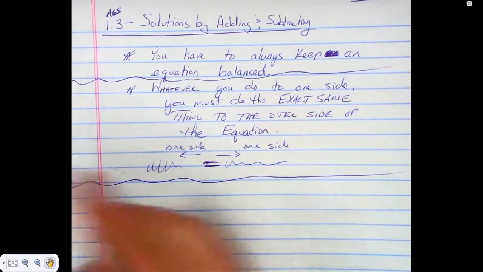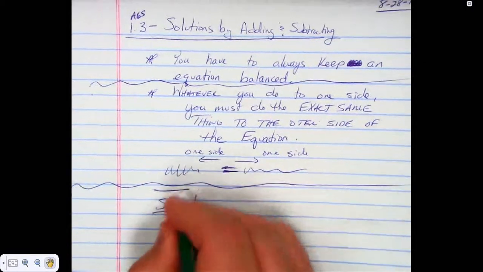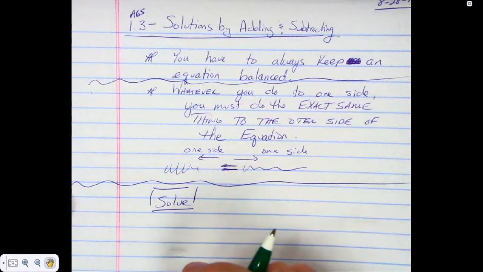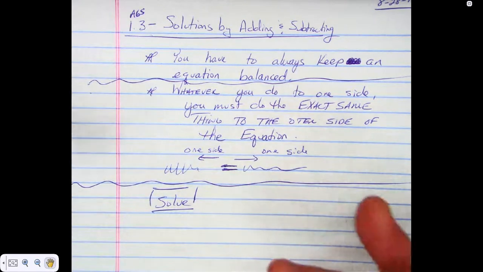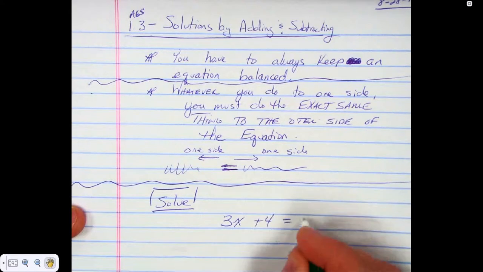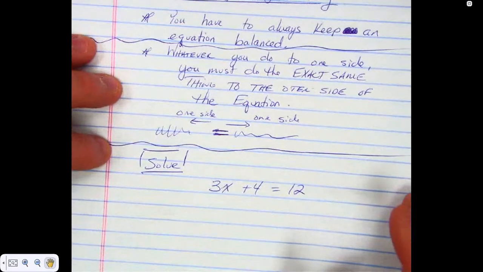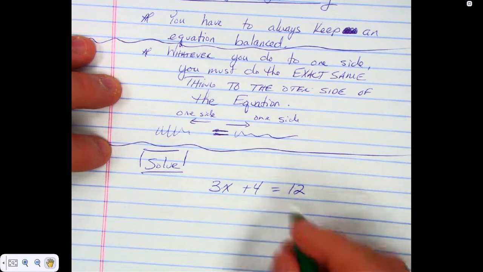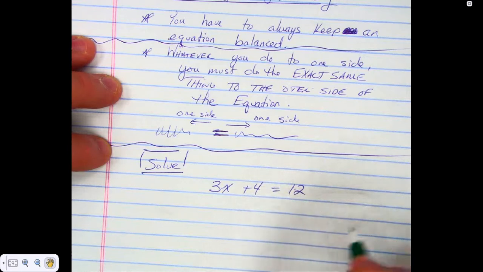It's that simple. So when we solve, this kind of gets lost. Too many people, when they learn how to solve equations, just think, oh yeah, subtract from the other side. We need to understand what we're doing and why we're doing it. When I have an equation, 3x plus 4 is equal to 12, you subtract 4 from 12.